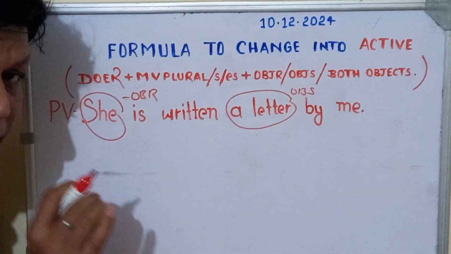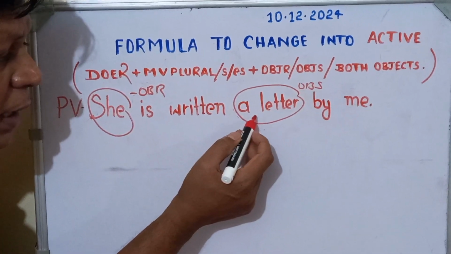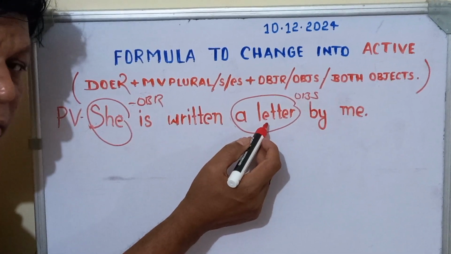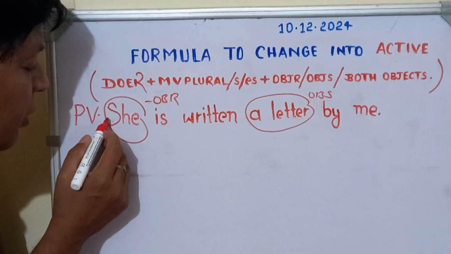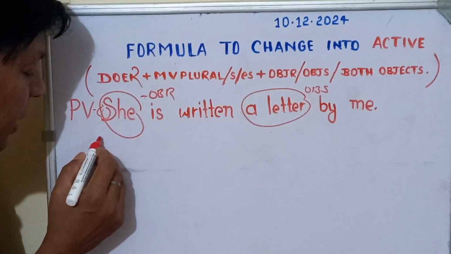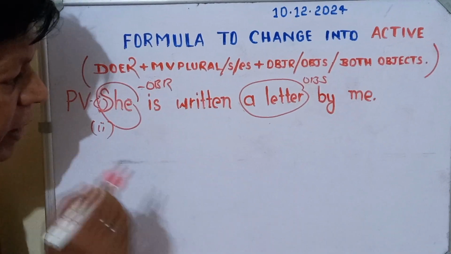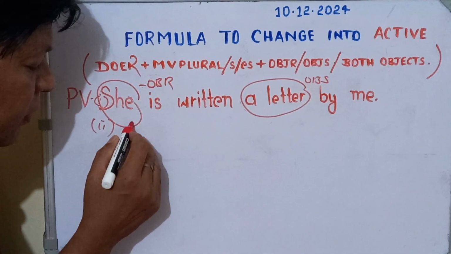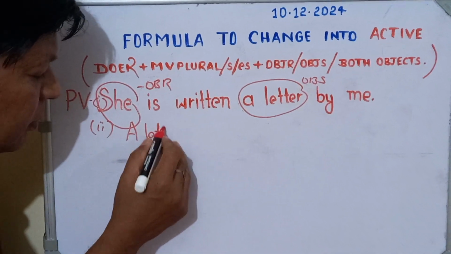So now we can make another passive voice from this sentence with a letter. With the second object a letter we can make another passive voice. So look here. We can write passive number 1 and here is passive number 2. Now we will make passive with a letter. At first we use object, so a letter.